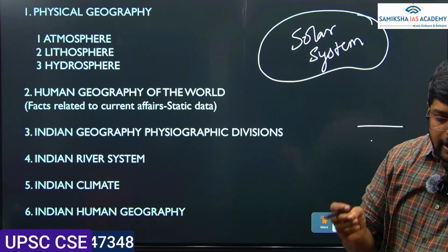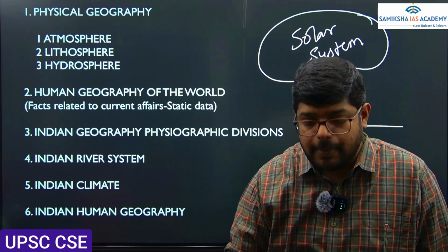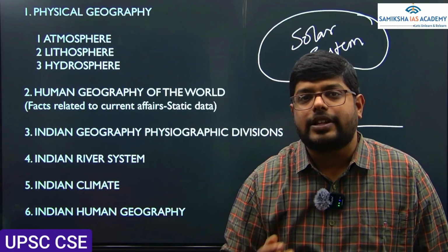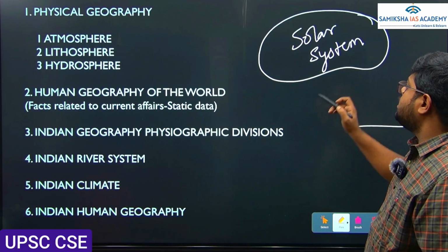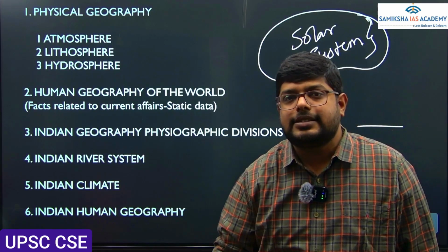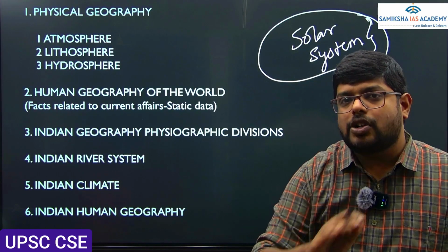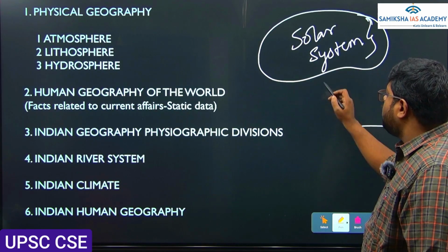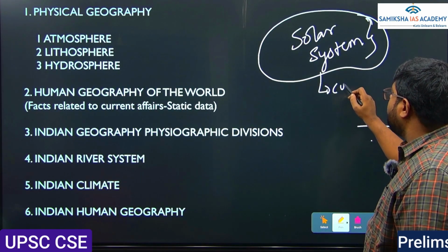But when we come to the prelims, just analyze whether the solar system is important for the examination or not. Yes, it is important, but reading about the planets, knowing their density, size and weight is not at all important because no questions will be asked on that. But the solar system is important if any current affairs are present.